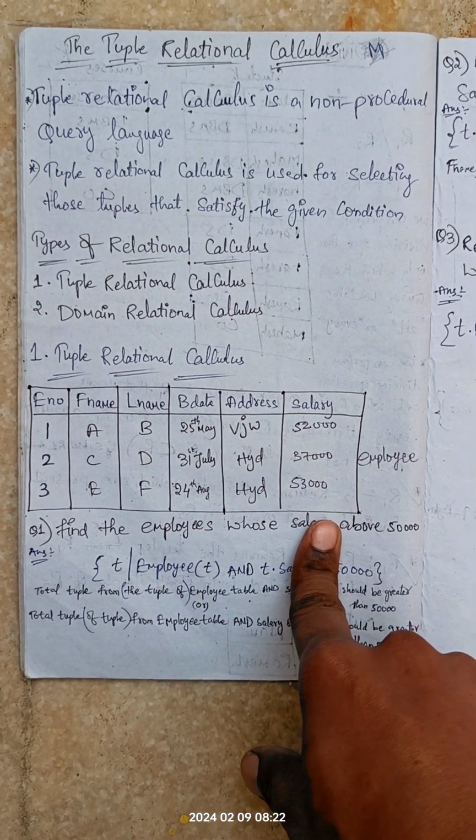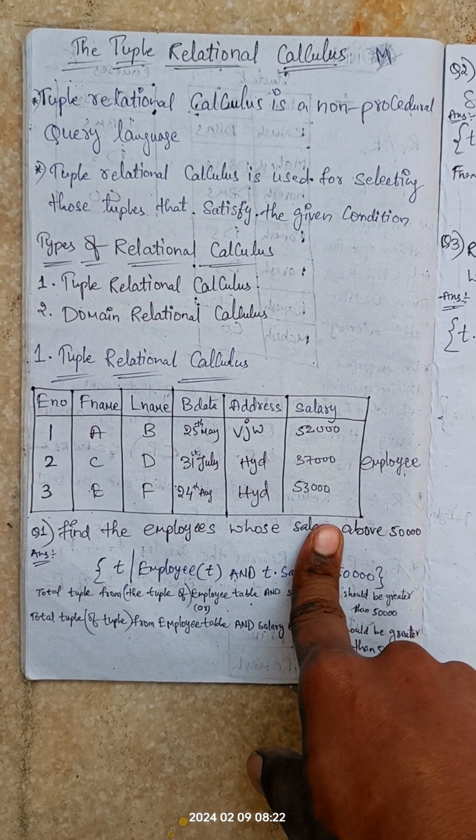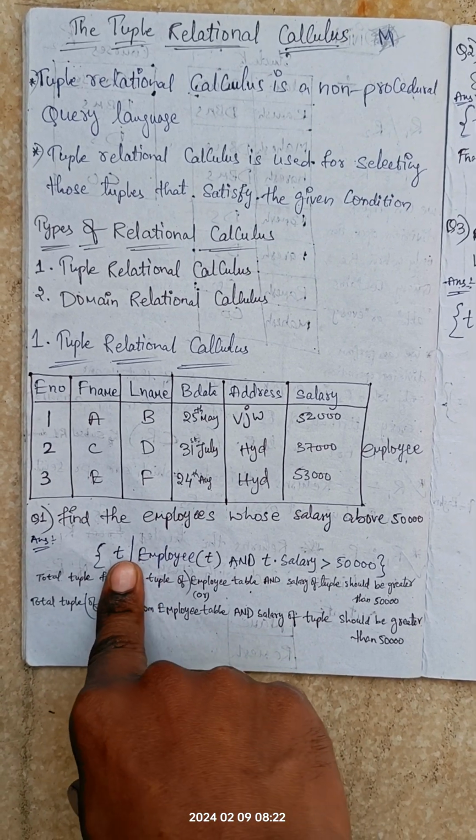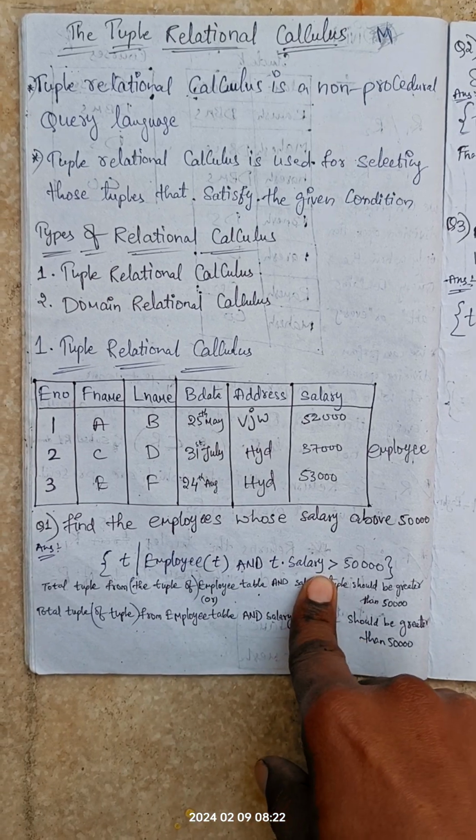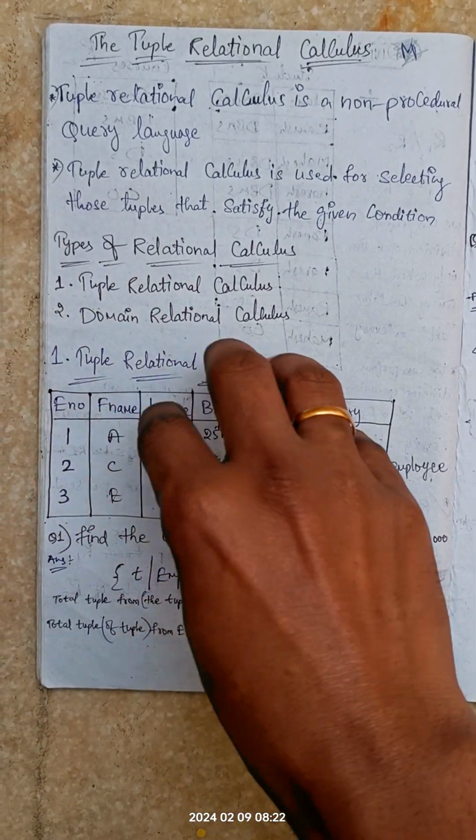How will we write the query? First, I'll explain clearly what this table means.